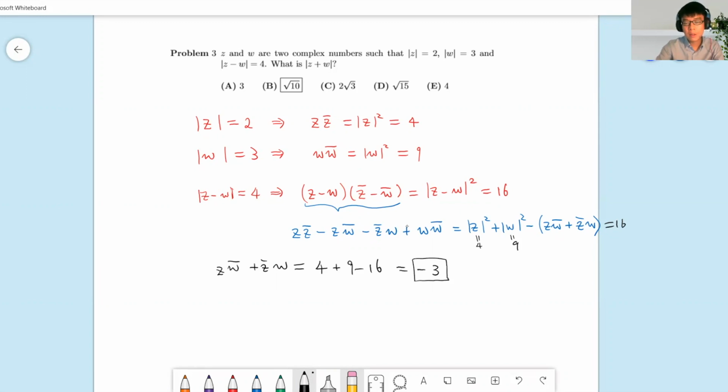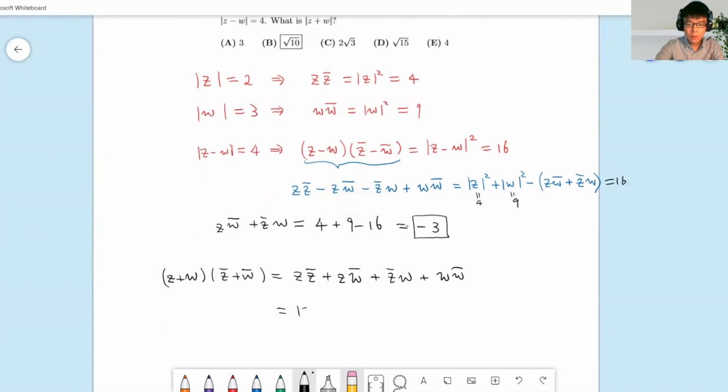Next, let's apply that idea to z plus w. So we have z plus w times z bar plus w bar. So we know this equals the modulus of z plus w, squared. When you open it, we have z times z bar plus z times w bar plus z bar w plus w times w bar.